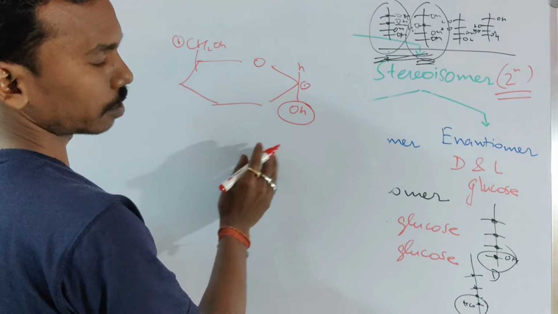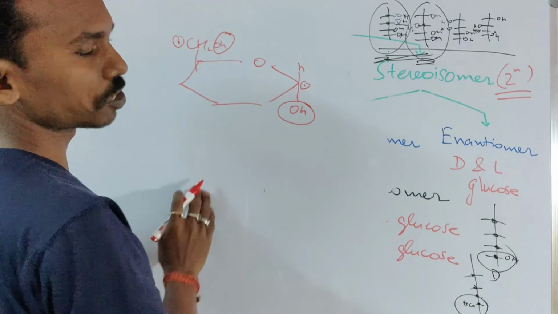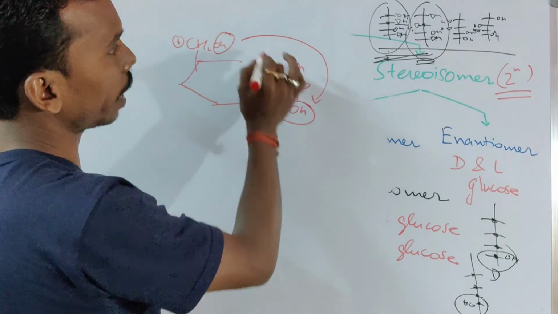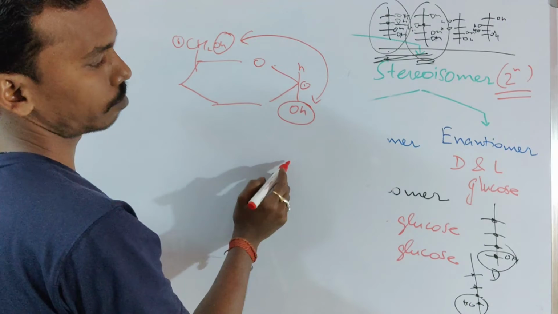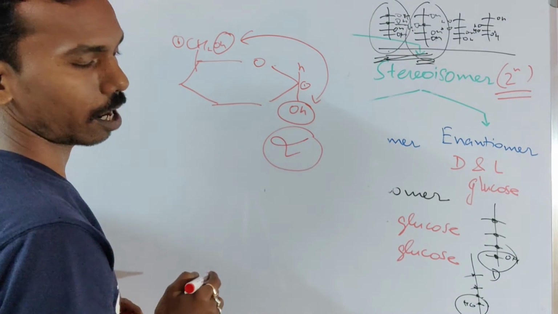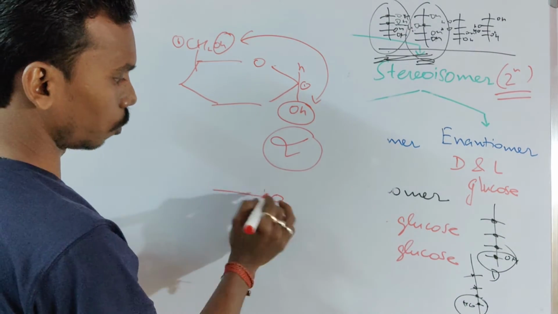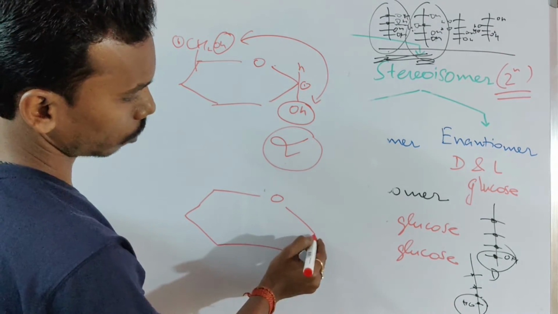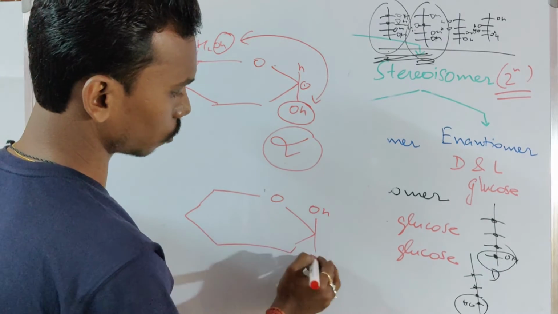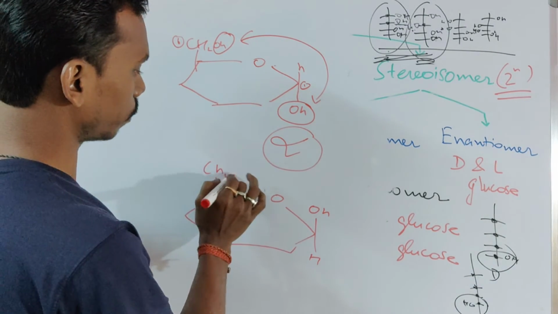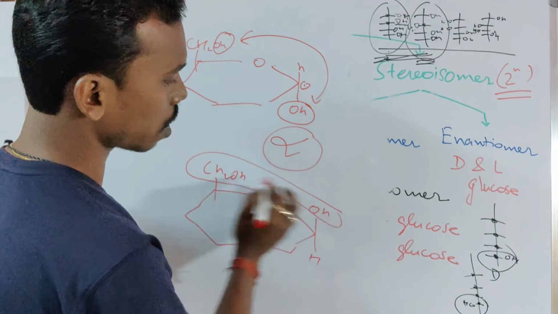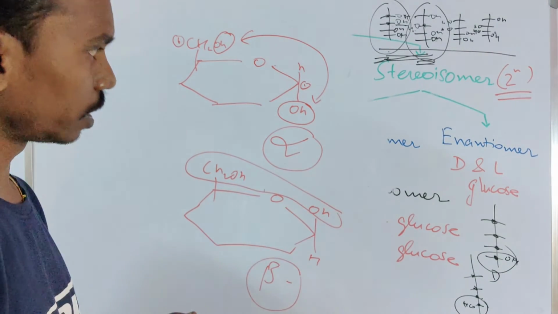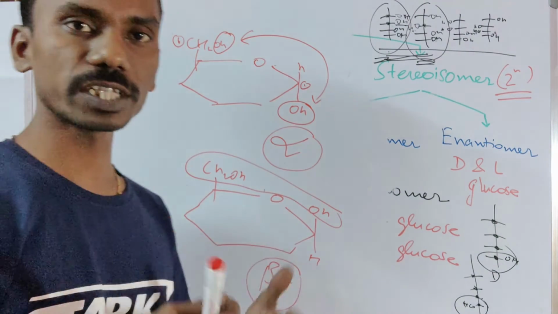One carbon has OH in the downward direction and the 6th carbon has OH in the upward direction. If the OH of 1 and 6 stay apart, then this is the alpha form, alpha anomer. And if the OH of the first carbon and the 6th carbon stay close to each other, then it can be called the beta form of that compound. This is how alpha and beta differ from each other.